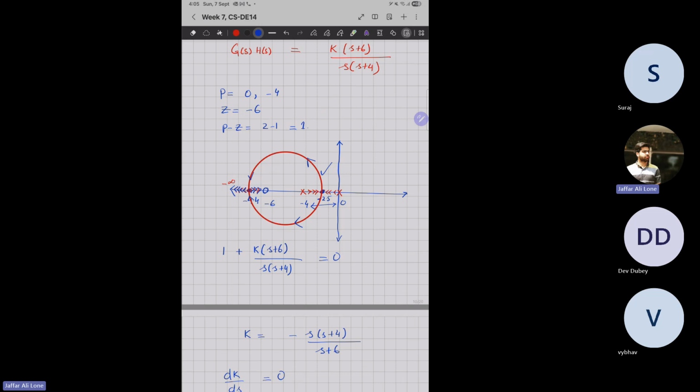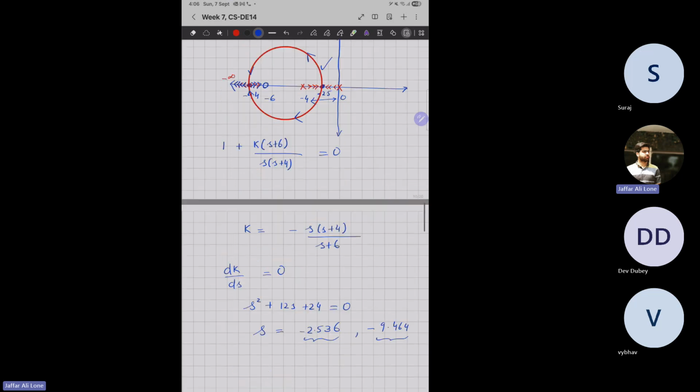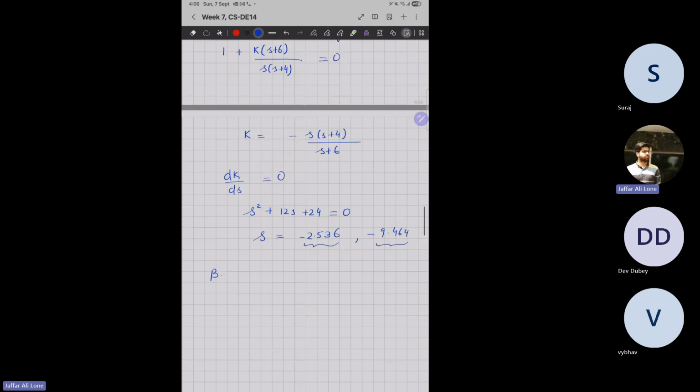Now, if you have to find the center of this circle and also the radius of the circle, how would you find it? Very simple. First, see, my breakaway point is minus 2.536. My break-in point is minus 9.464.